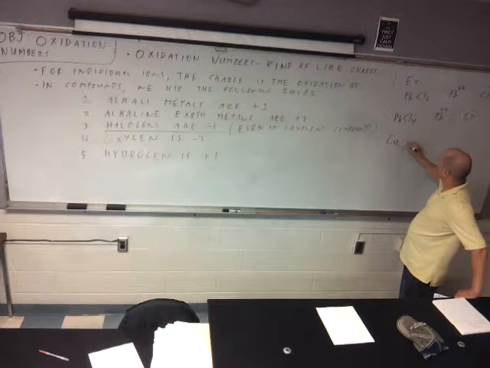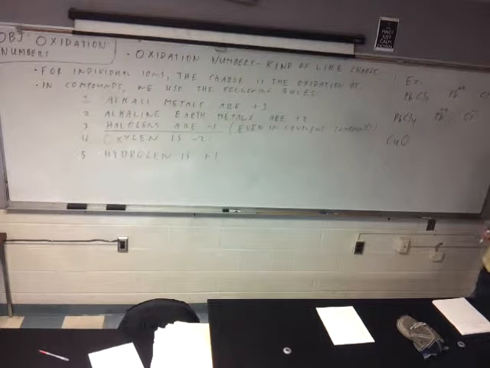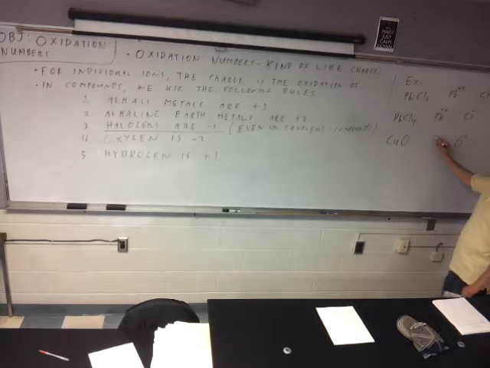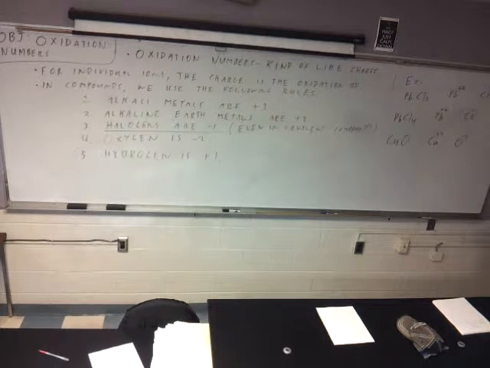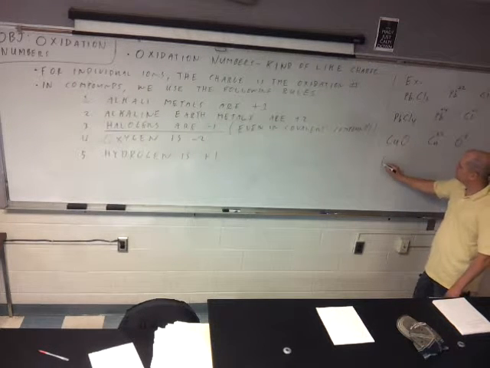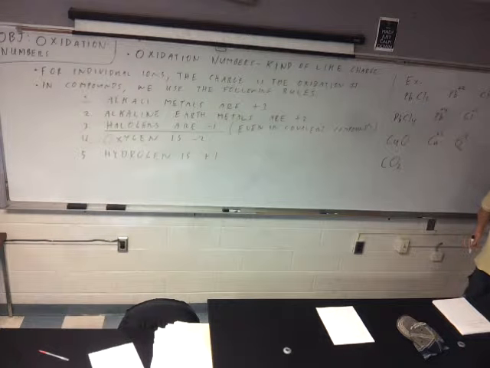Let's do 1 or 2 more. Copper oxide. Okay, which one do we know here? Oxygen's -2. So what's the copper? +2. And then, like I said, these rules apply with covalent compounds too. So we could have oxidation numbers for the elements in carbon dioxide.